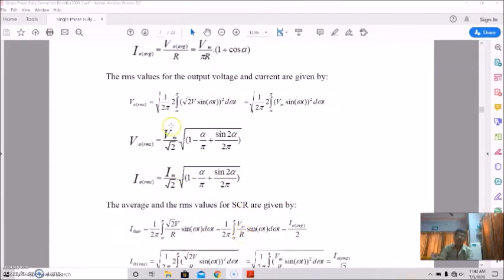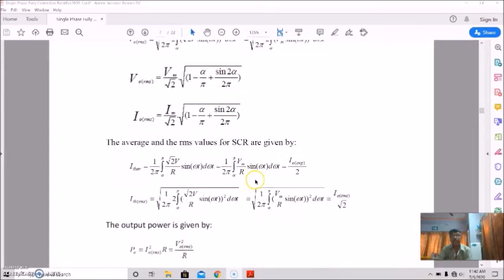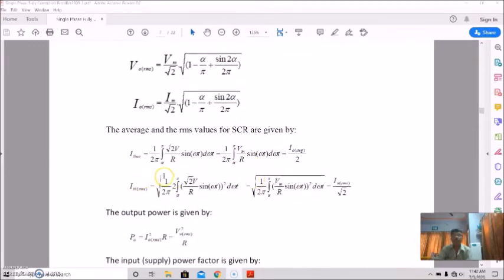If we divide it by R, Vm by R is Im. So the RMS value of the output current will be Im by root 2 times root of 1 minus alpha by pi plus sine 2 alpha by 2 pi. So the average and RMS values are calculated.